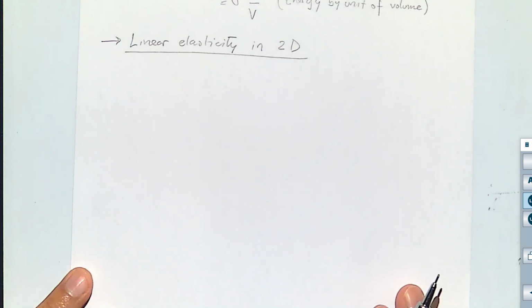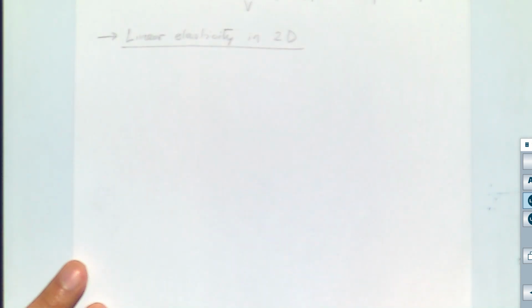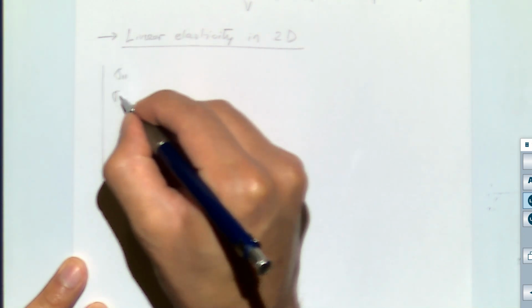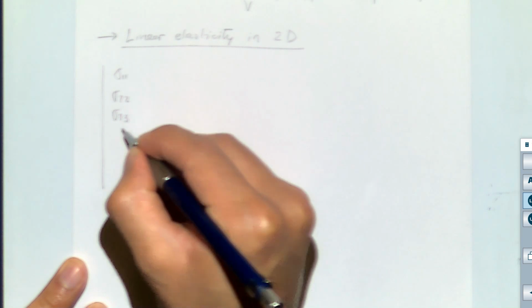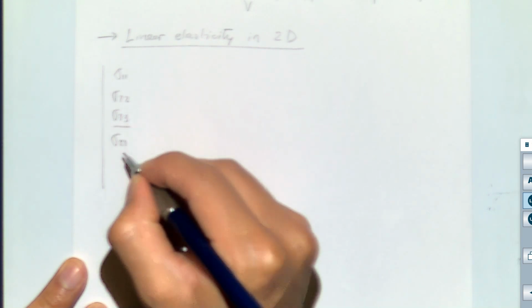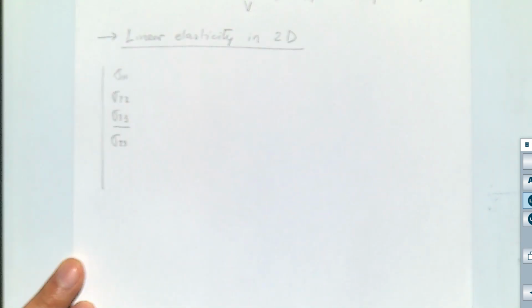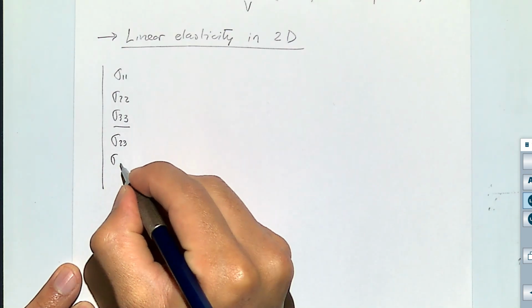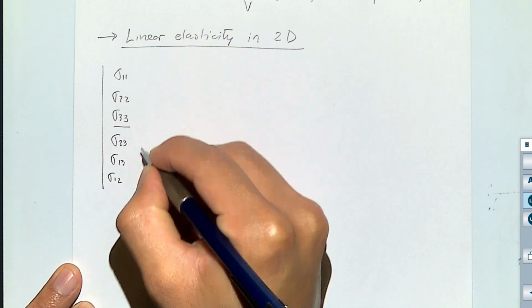And in order to reduce the problem to 2 dimensions, what we're going to do is take the matrix in 3 dimensions. Yes, I can do that. Thank you. Sigma 1, 3, sigma 1, 2.